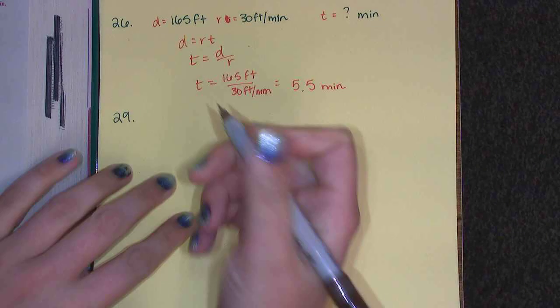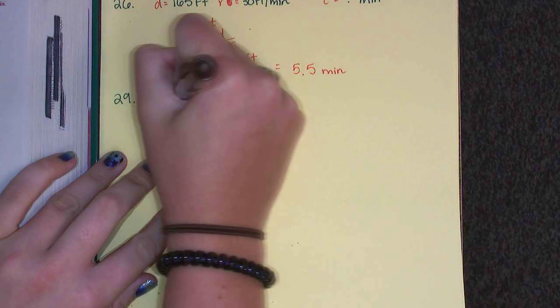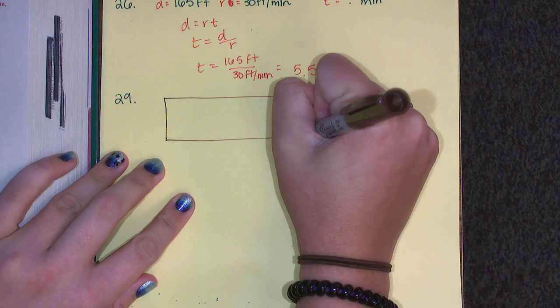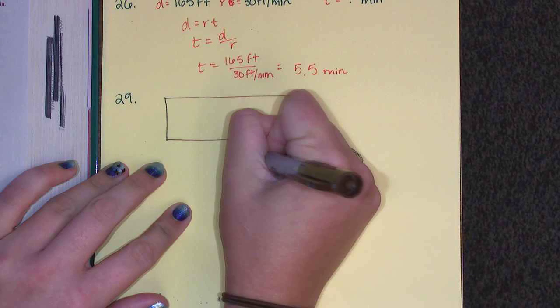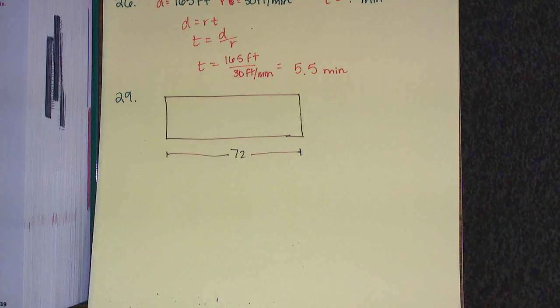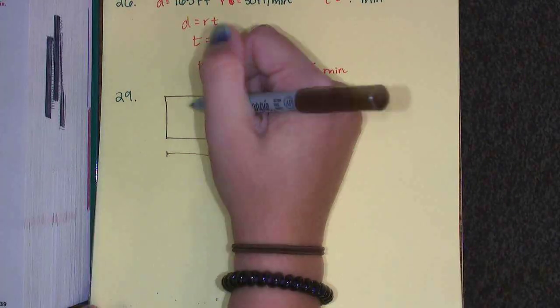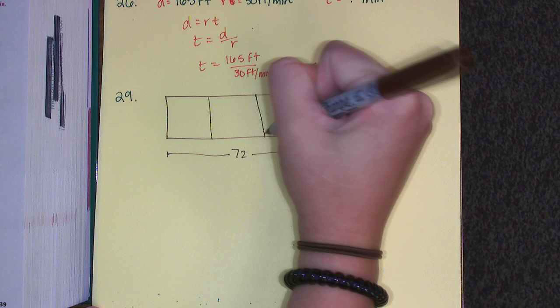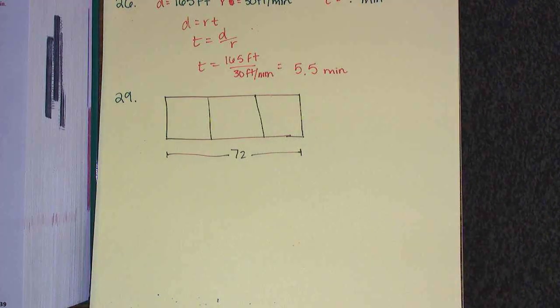So we have a piece of wood here that's 72 inches long. Okay, it's cut into 3 pieces, but they're not equal. Try to make them not look equal, though they look kind of equal on mine.